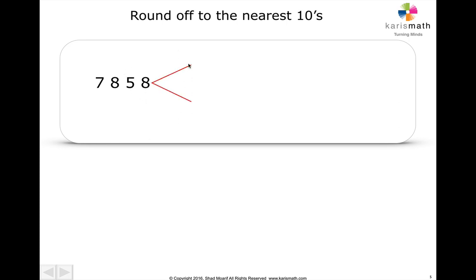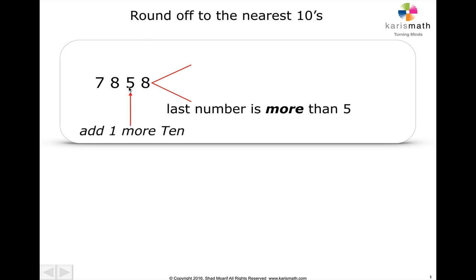So the two rules we follow here: first, if the last digit is more than 5, you treat it as a 10, add it to the 10 before that, and it becomes 6. And of course, you turn this into a 0. So it's 60, like that, because the last digit should be a 0.